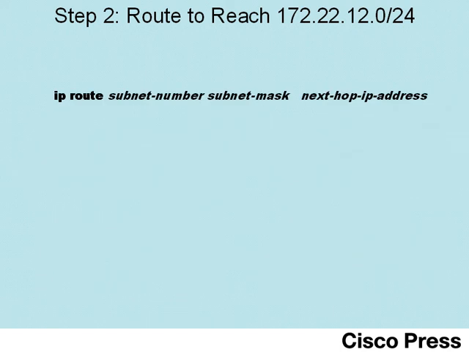To configure that route in router 1, we're going to use the ip route global configuration command. In this case, we'll use the style of ip route command that uses a next hop IP address. Now, the first real parameter in the ip route command is the subnet number, along with the subnet mask as you see here. Together they define the destination subnet.